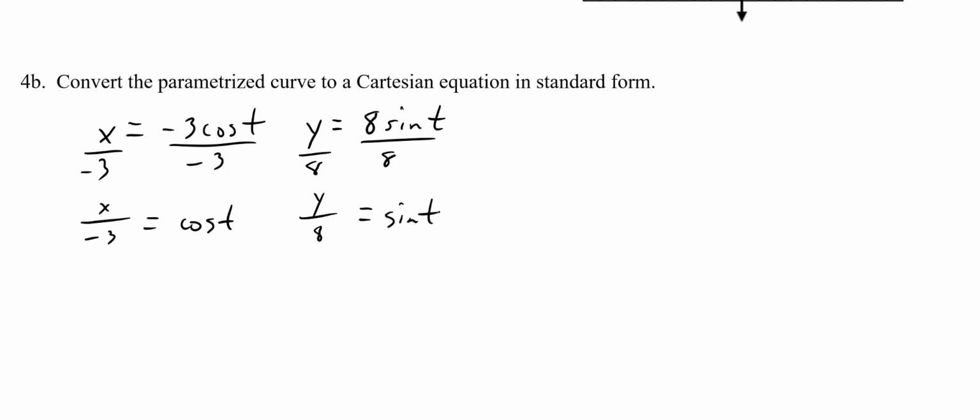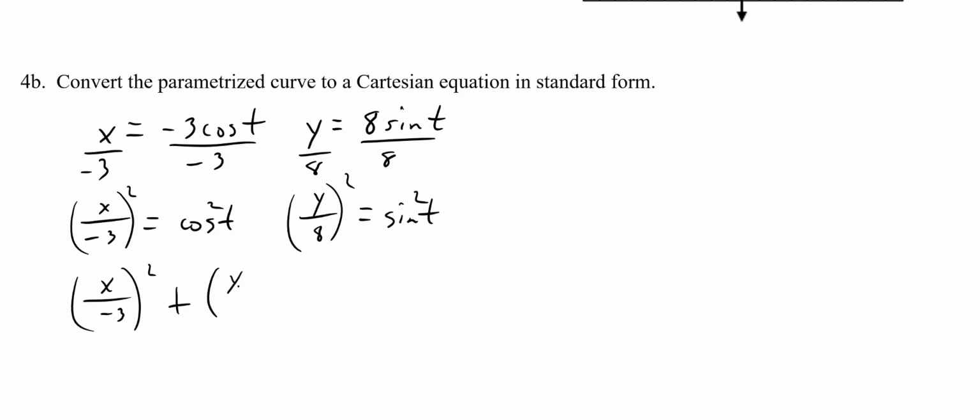All right, cool. Now, if I do that, I can square that, and that. So now I can do the same thing here. It's x over -3 squared plus y over 8 squared equals, I'm just going to put it in order because it's nice, sine squared of t plus cosine squared of t.